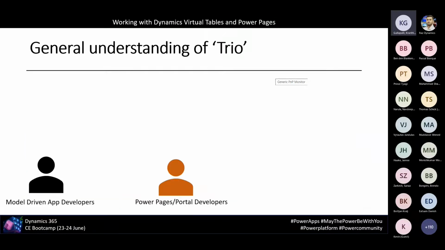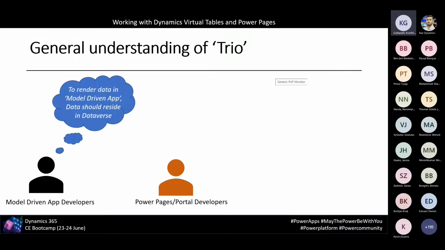Now, the basic understanding of model driven app developers is that if we want to render data in a model driven app, the data should reside in Dataverse. This is a typical understanding, and most of the people might have done the same thing.